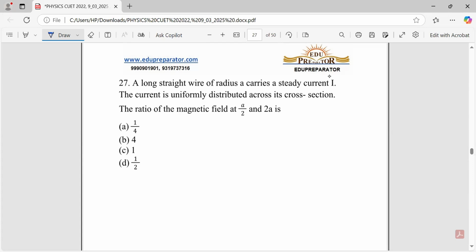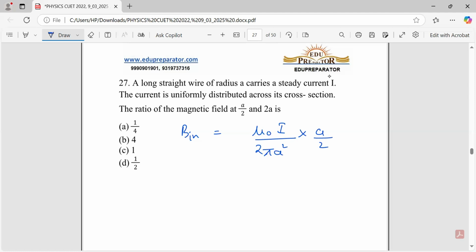Because it is a thick wire, we have variation of magnetic field. So we know that the magnetic field inside will be equal to mu naught I upon 2 pi a square, where a is the radius of the wire, into the separation which is given to us, which is equal to a by 2.